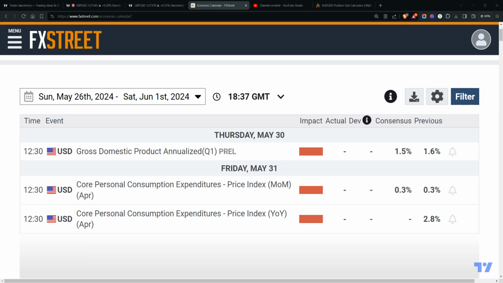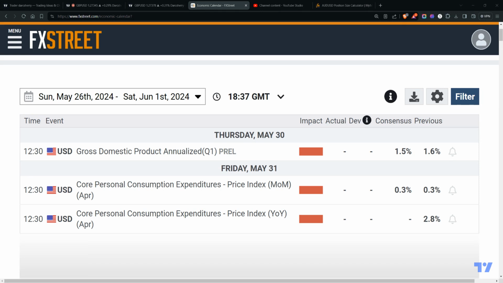This is a key economic indicator representing the annualized percentage change in the United States economic performance, representing the total value of all goods and services produced within the US borders.